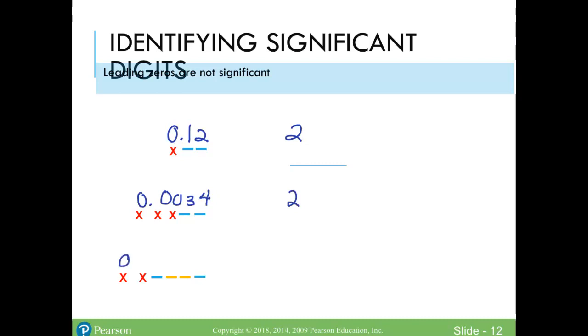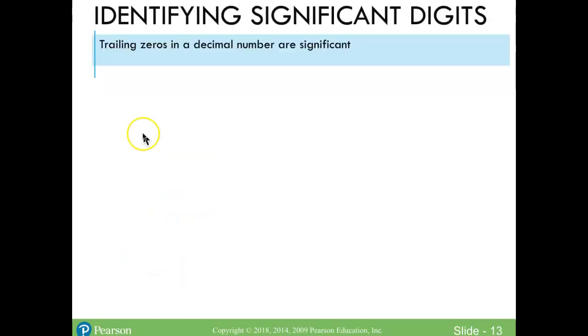Suppose we had something like this, another decimal number. So those leading zeros are not significant. But now remember, if we have zeros between non-zero digits, then those are significant. So in this case, we have 4 significant digits. Another situation, if we have trailing zeros in a decimal number.